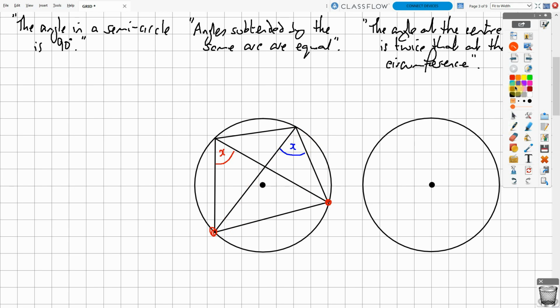But if instead I started in a different place, let's suppose I started here, different angle Y, this time pulling my fingers back along these lines gets me back to here and to here. And now if I push out from those, I get out to here. And so these two angles match each other. So it's the same rule each time, angles subtended by the same arc are equal, but it feels more complicated.